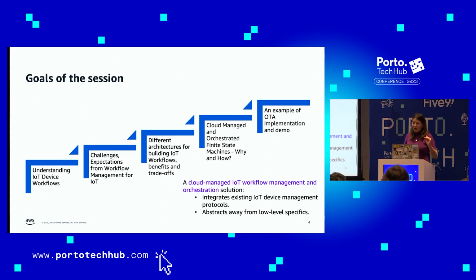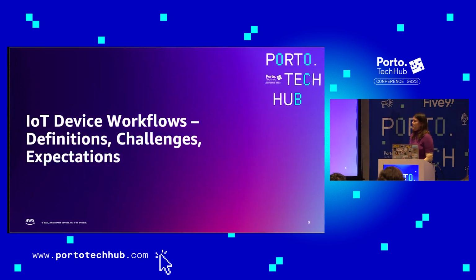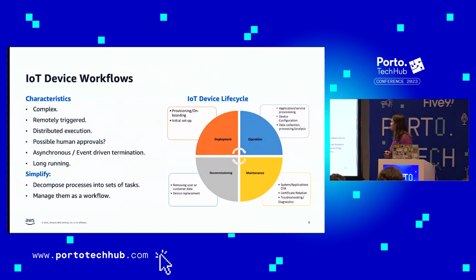So we're not going to go very deep into the low-level specifics of certain device management protocols at edge. For example, TR-069 for routers, or SNMP, or anything based on CoAP, or anything LwM2M, and so on. We're not going to talk about that. Not so much anyways.